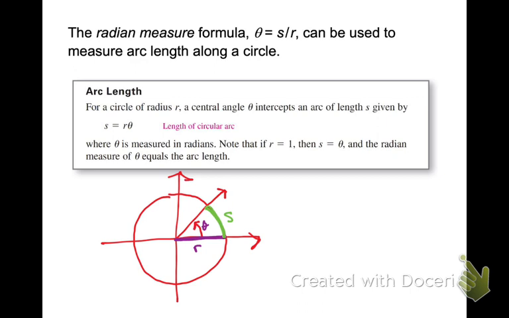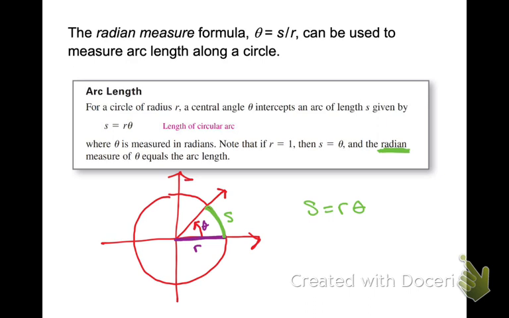And theta, you need to put in big, huge, gigantic letters, is in radians. Theta is in radians in this formula. S equals R theta. And yes, you need to know that.